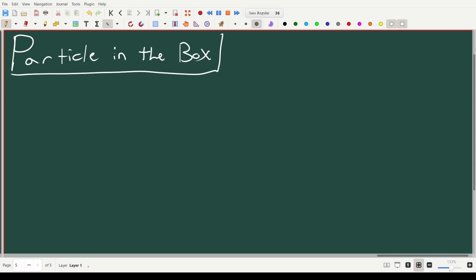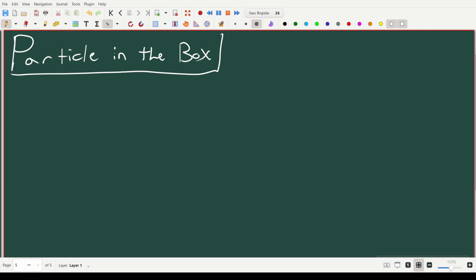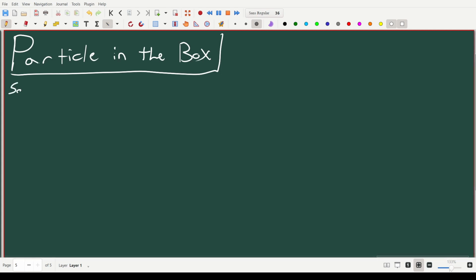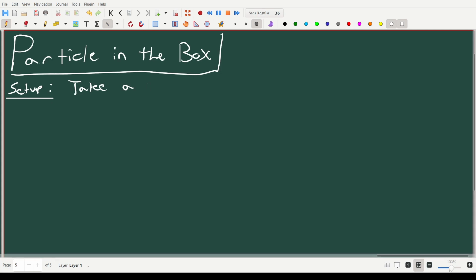So here's what the system is. I'm going to take a particle, my setup for my experiment. For now, let's just do an electron, because that's what we've been looking at. Electrons are nice because they don't have any size.